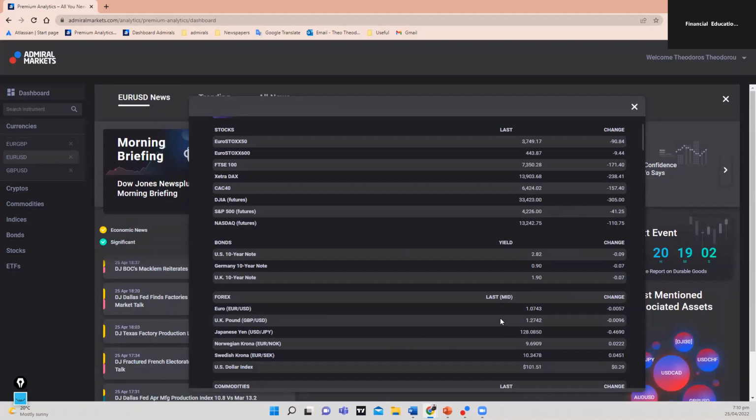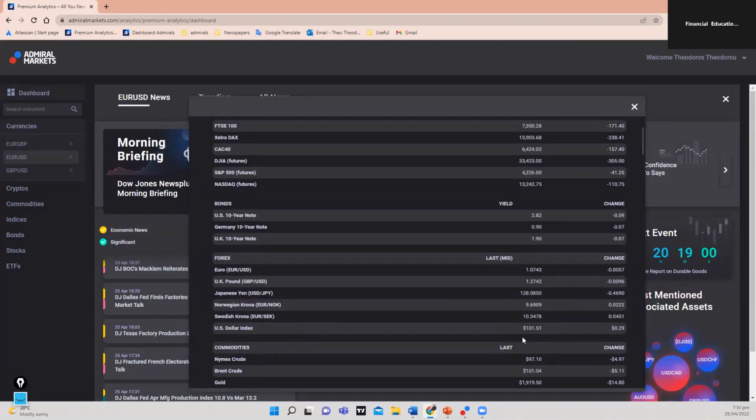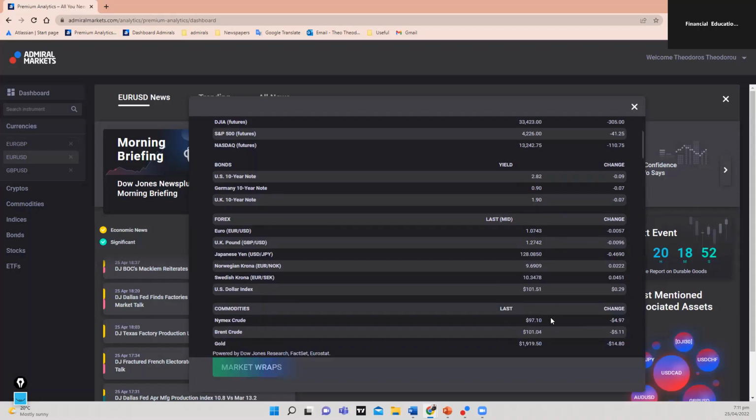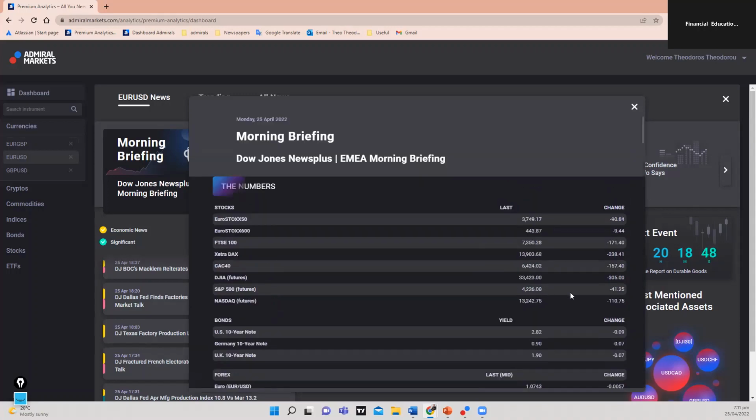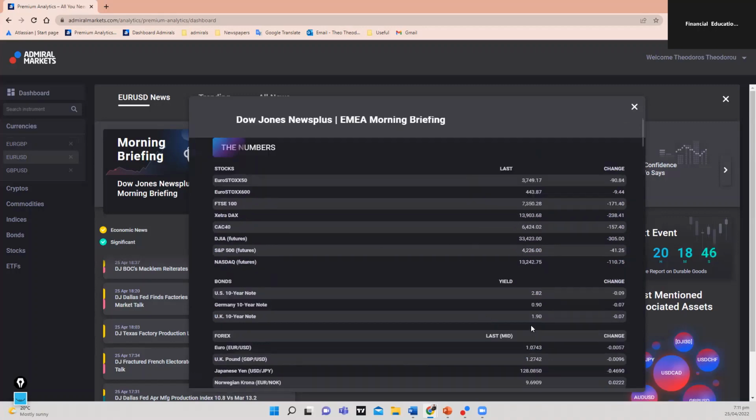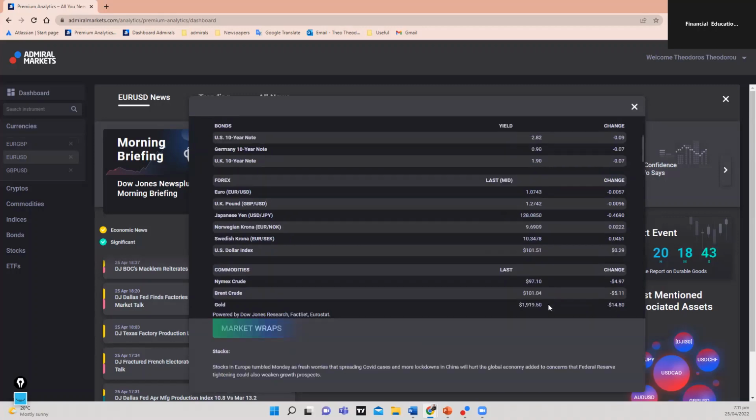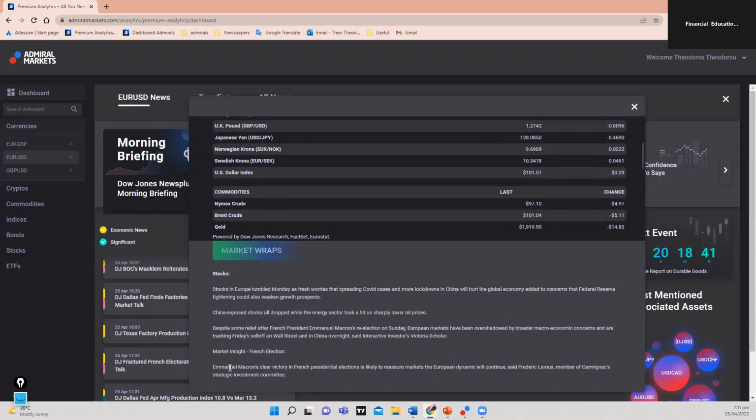So I don't pay that much attention here, guys, to be honest, because the numbers can be seen also on the charts based on the instrument that we are trading. Okay, but it's good to know what's the most tradable instrument for the day. Now here we have the market wrap.